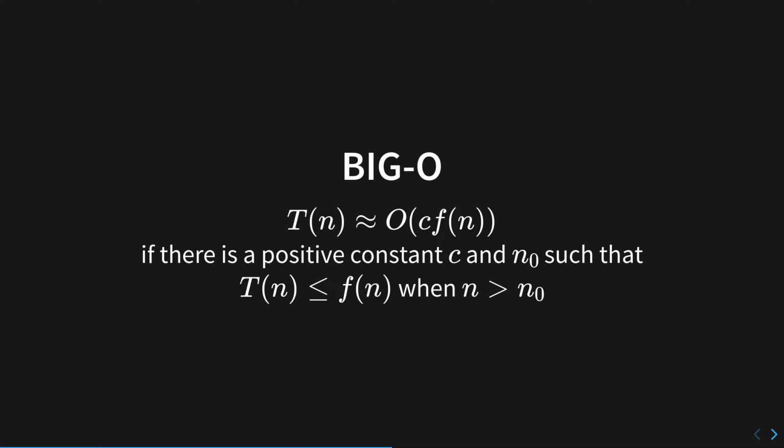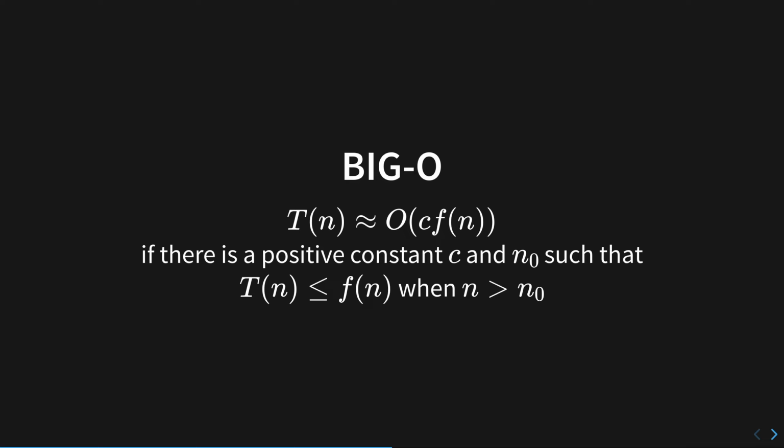We'll say T of n is in this category if there's a positive constant c and n naught such that the true time is less than c times f of n past that n naught.